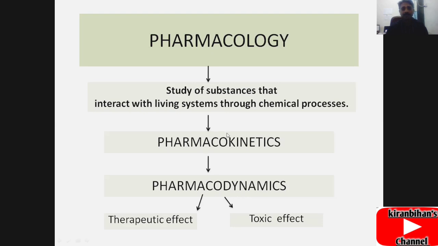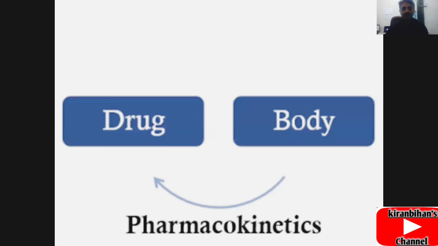In the pharmacokinetic process, absorption, distribution, metabolism and excretion occur. In the pharmacodynamic process, therapeutic and toxic effects are mediated through various regulatory molecules like receptors and enzymes.